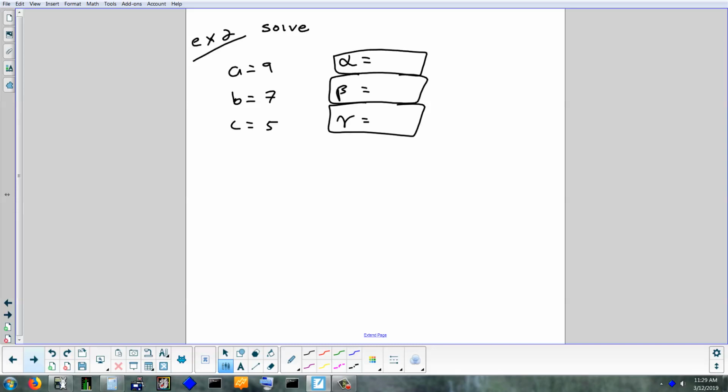Can anybody think of the kind of triangle where you would only have to do law of cosines once? If you were given all the sides. Yeah. Equilateral. Well, if it was equilateral, I can already tell you what all the angles would be. They'd all be 60. So you actually wouldn't even need to do law of cosines if it was an equilateral at all.